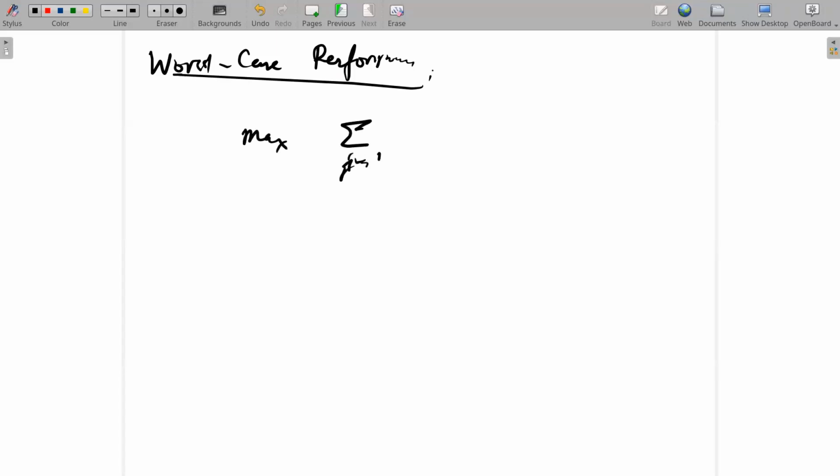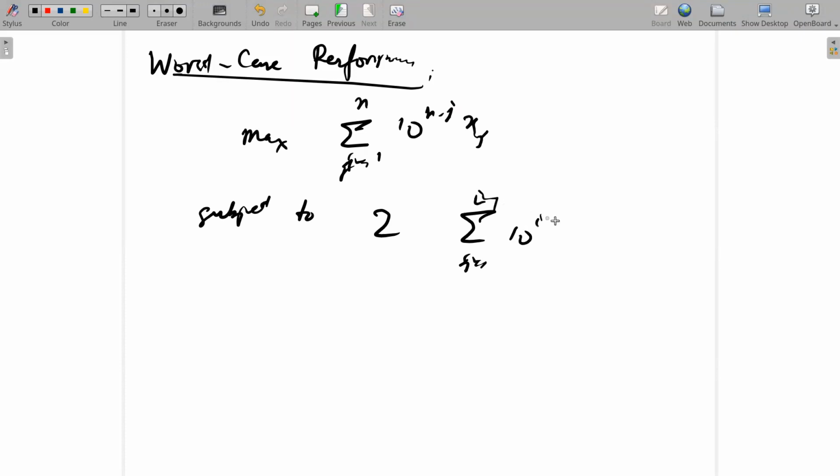Let's say you have this maximization problem, maximize the sum of xj, subject to 2 times the sum over j equals 1 through i minus 1 of xj plus xi less than or equal to 100 to the i minus 1 for 1 less than or equal to i less than or equal to n, and xj bigger than or equal to 0. So as a function of n, if you got unlucky and really started with the wrong basic feasible solution, it can take you up to 2 to the n minus 1 points. You might have to navigate until you find the optimal solution.